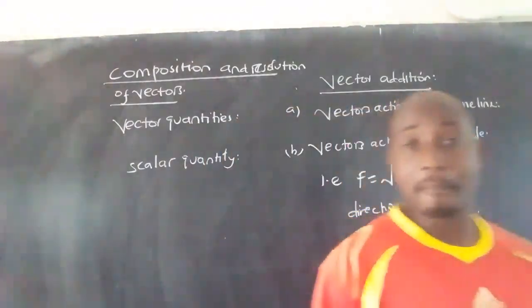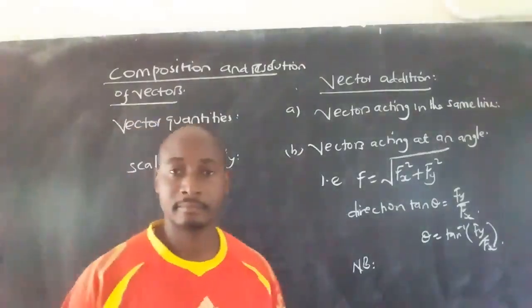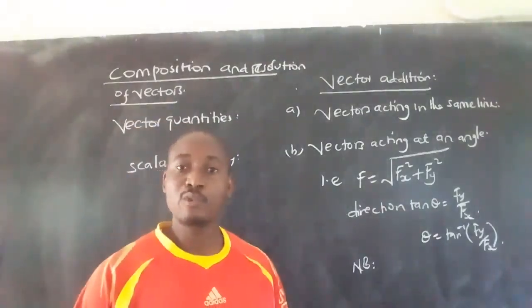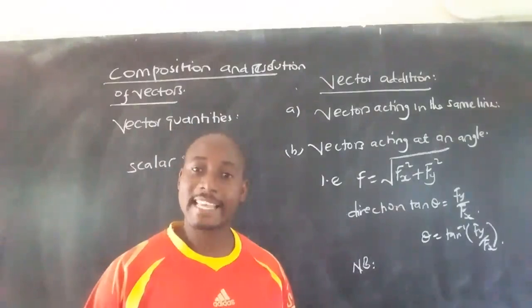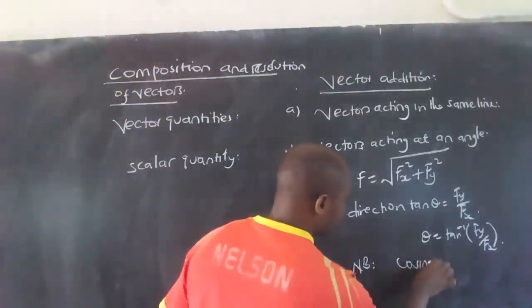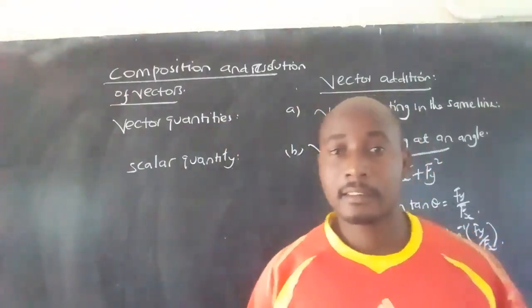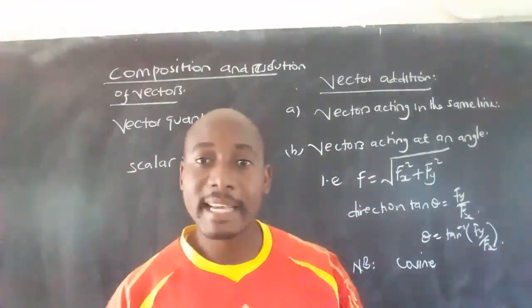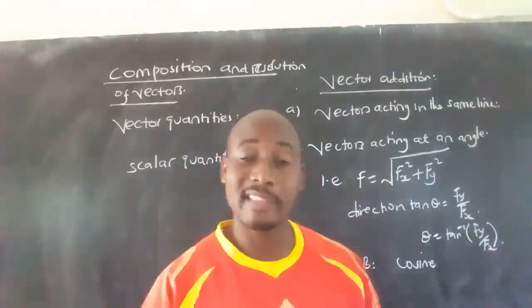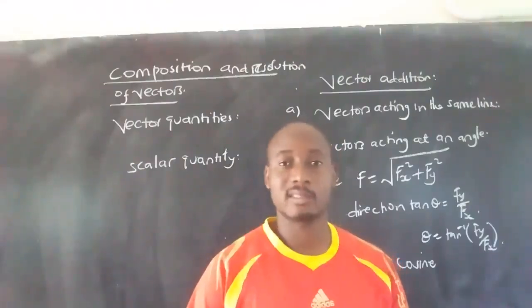When getting the horizontal component, we use cosine, and the vector must make an angle theta with the horizontal.